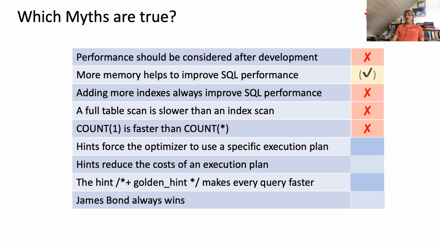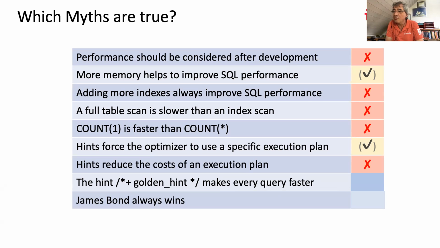Hints force the optimizer to use a specific execution plan. That's actually true, but not true in all cases, as we have seen in the second demo. There are cases where this is not always the case, and in this case we have to add some additional hints. What is definitely wrong is that indexes reduce the costs of the execution plan.